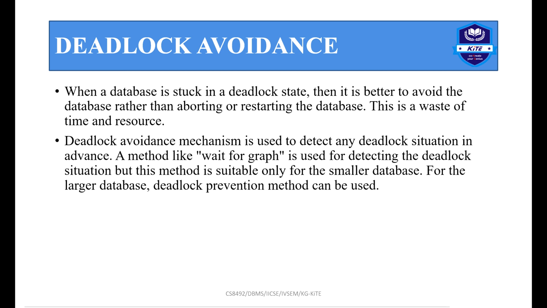It is better to avoid that particular deadlock. So, the deadlock avoidance mechanism is used to detect any deadlock situation in advance. A method like wait-for is used for detecting the deadlock situation, but this method is suitable only for smaller databases. Comparatively, when there is a huge database, the deadlock prevention method is advisable.